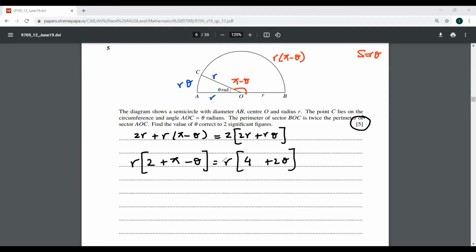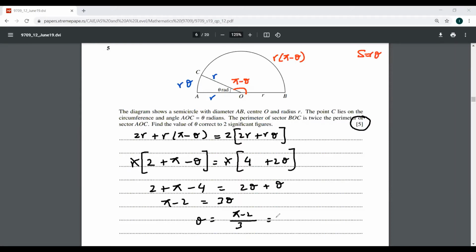So we can cancel out the R with the R. So we have to find this theta. So 2 plus pi minus 4 is equal to 2 theta plus theta. So you have pi minus 2 equal to 3 theta, and now you can use your calculator, over 3.